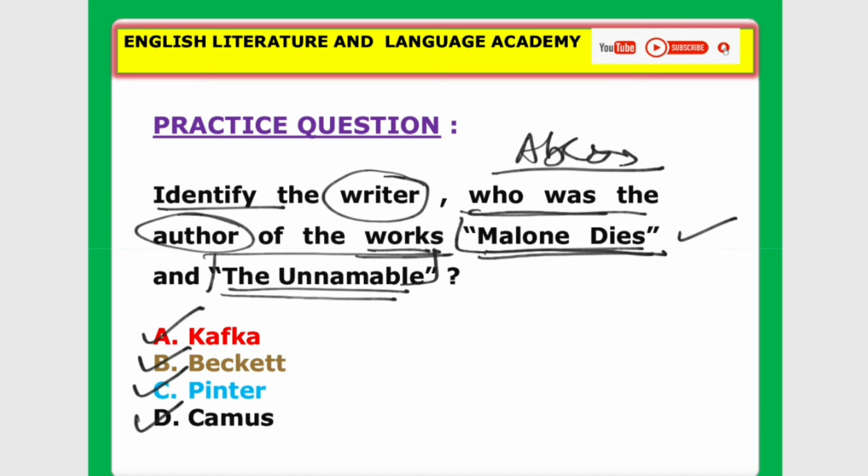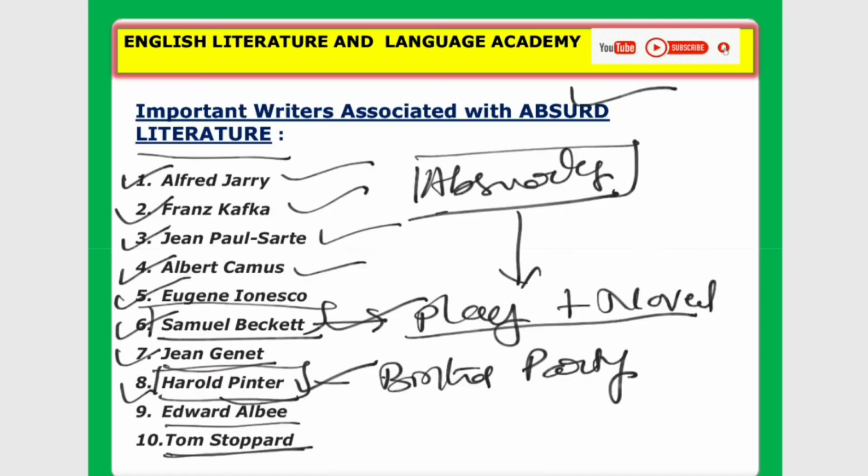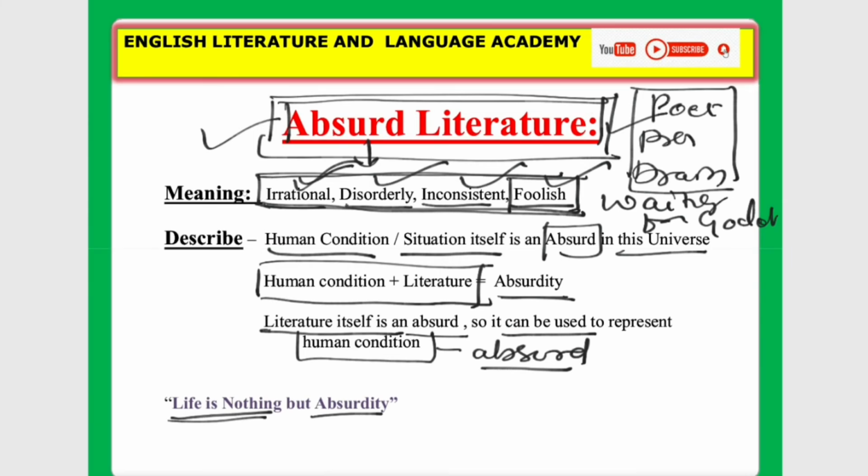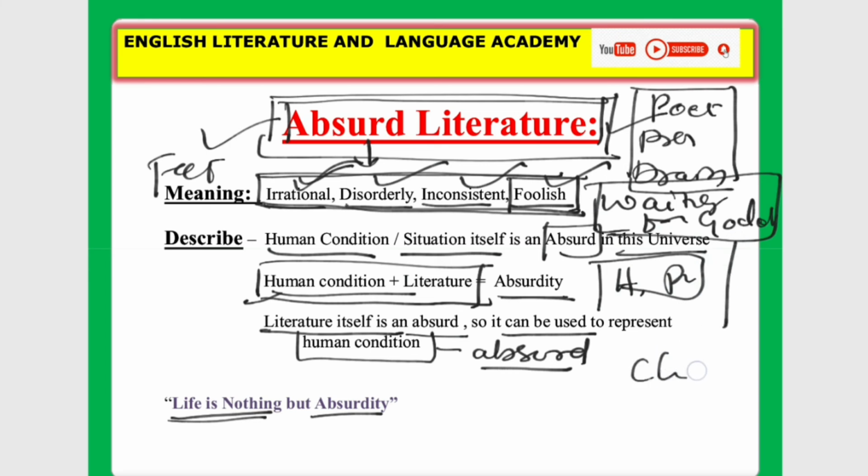So today we have discussed absurd literature, the features of absurd literature, and how it is applicable to human conditions. The best example is Waiting for Godot. Please read this drama. In HSTR or PU lecturer exams, they ask about the characters in this drama.